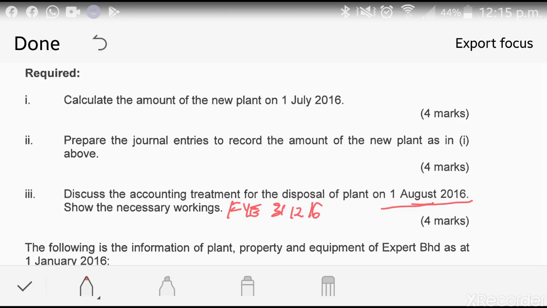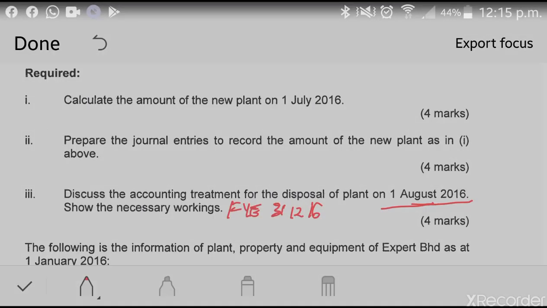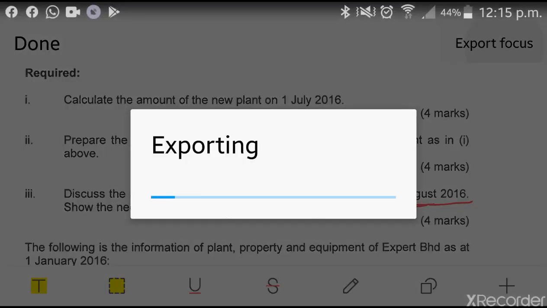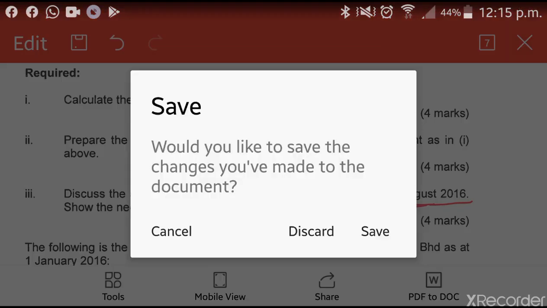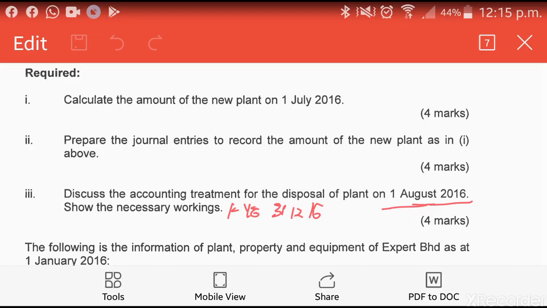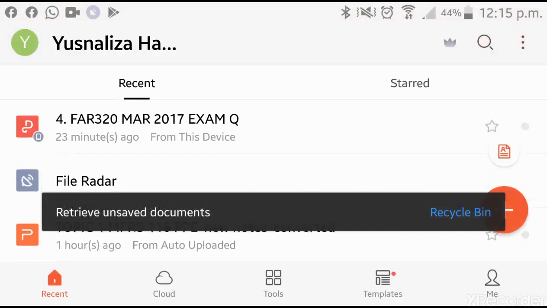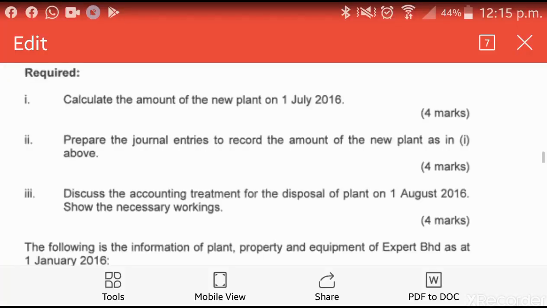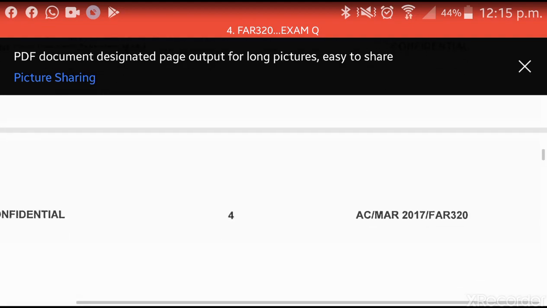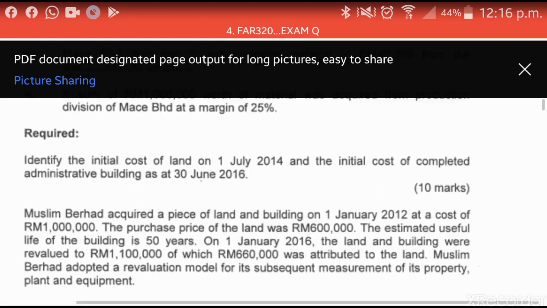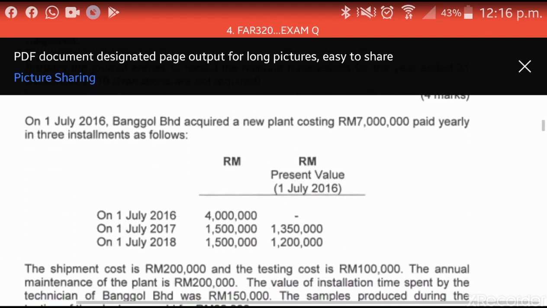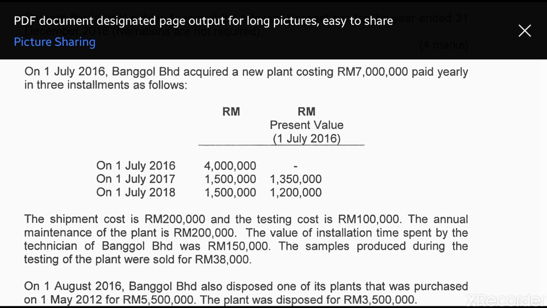So what we can do now is that we can straight away do some workings to help you with the question. Okay, there's a space here, so I'll be using it.